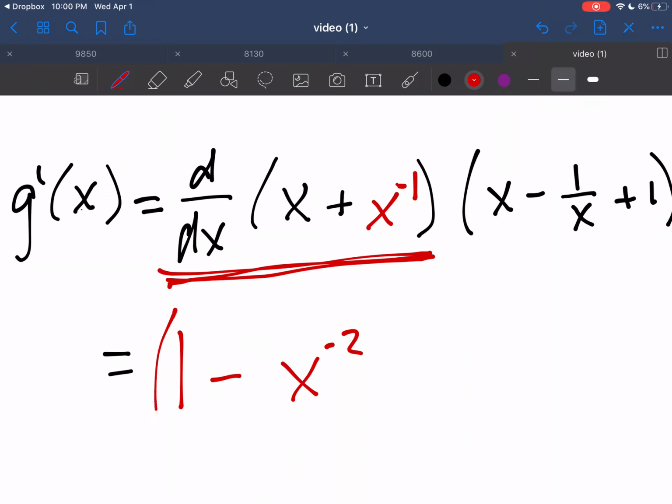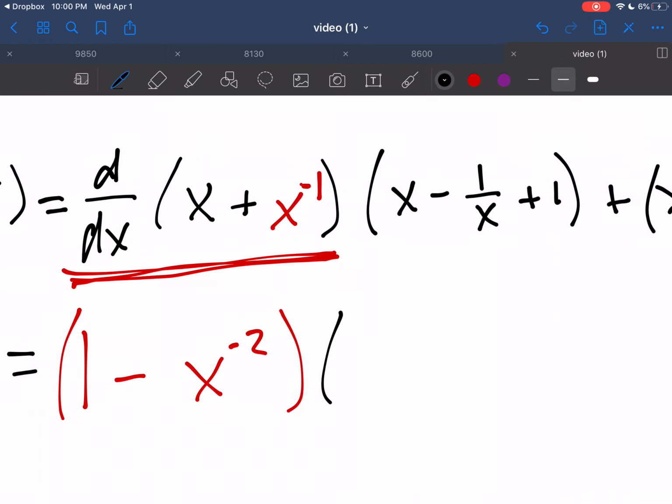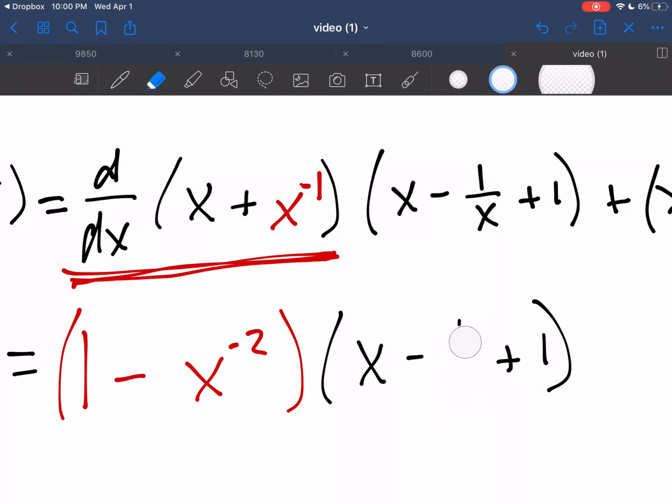Alright, so it'll be that times our original second function, so we'll just rewrite that. And for consistency's sake, let's rewrite this as a negative exponent as well.